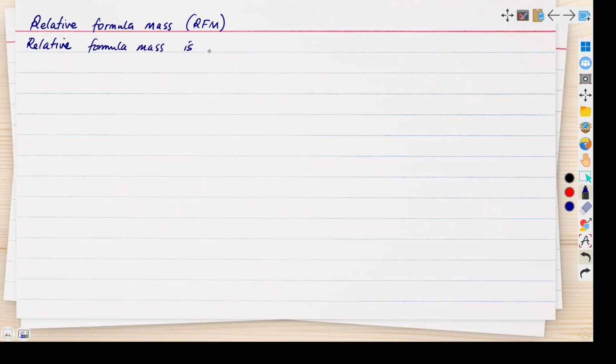is the sum of all the relative atomic masses of atoms in a compound, or in an ionic compound, actually, in an ionic compound.